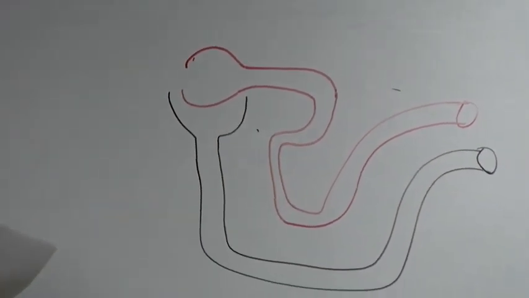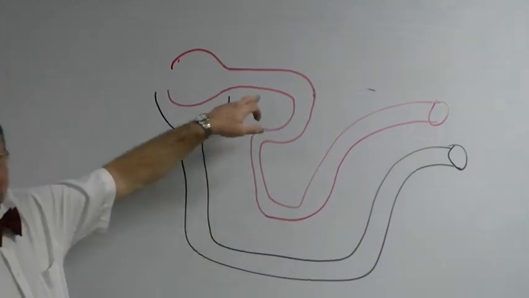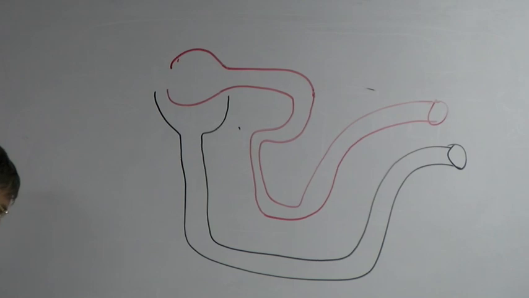Okay, so this is a little different. This is the nephron and this is the blood vessels. It's not a standard shape, but that's about the best I could find.